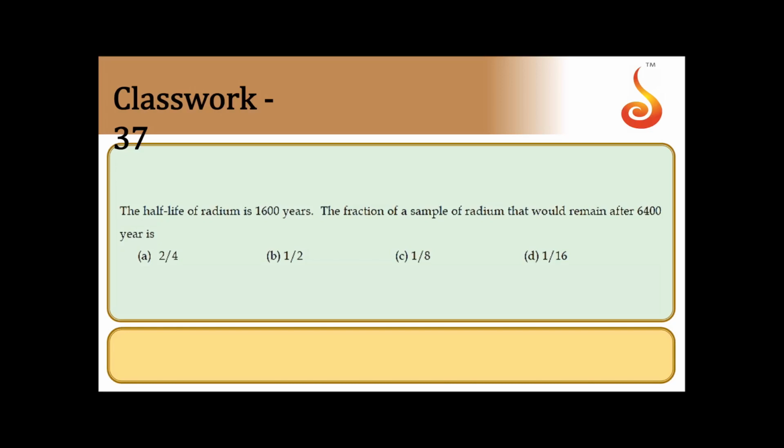As we shall proceed further, the half-life of radium is 1600 years. The fraction of sample of radium that would remain after 6400 years is. So we know that number of atoms remaining after time t or n half-lives is given by N naught by 2 to the power n, where n is number of half-lives elapsed. Here half-life is given, it is 1600 years.